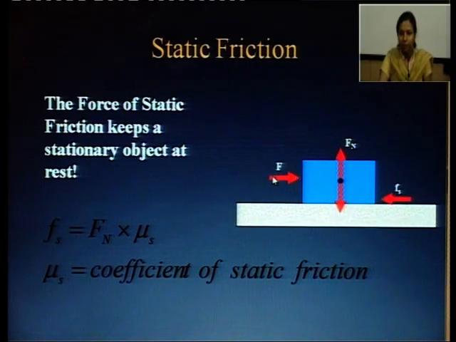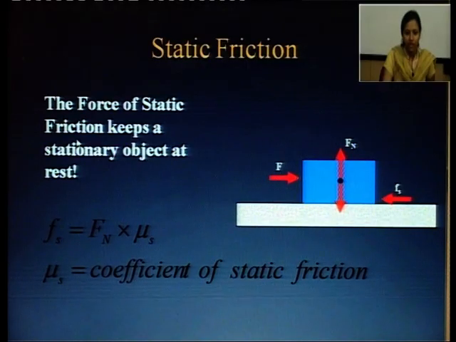If the force applied on a body is in this direction, then the force of friction is in the opposite direction, in this direction. So these two forces, F and Fs, are in opposite directions, because this is the force which we are applying and this is the force which is produced by the body. This is called the frictional force.